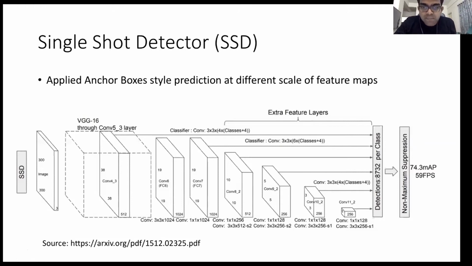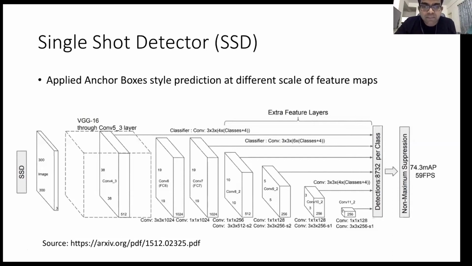To give an example, if you look at the very top line, it says classifier convolution 3x3, 4 into classes plus 4. What it says is that it is looking at a convolution layer in the VGG network, and from there it is generating 4 anchor boxes with a 3x3 kernel.